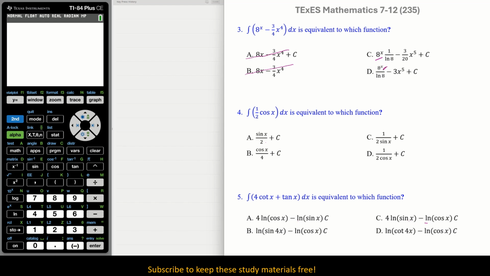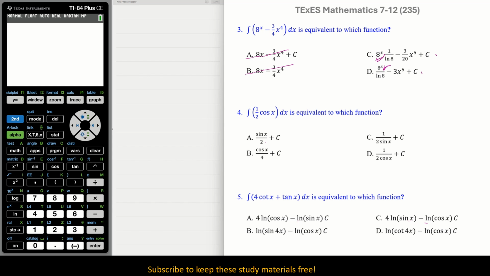And then the first option here has 1 over ln 8, and D has as a denominator ln 8. Well, those are the same thing. So essentially, you can say check mark on both those because they both satisfy. What we need to do is look at the second term for C and D. Now they have the capital C, so those are good.